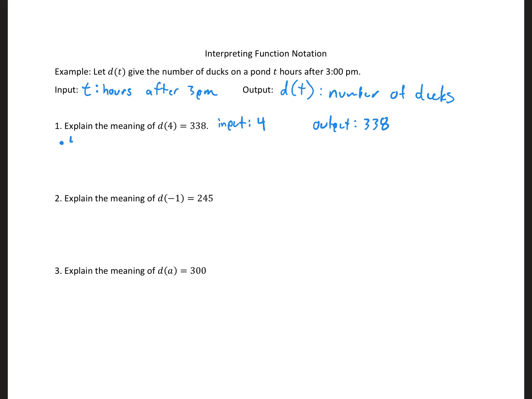The first way is that 4 hours after 3 p.m. there will be 338 ducks.